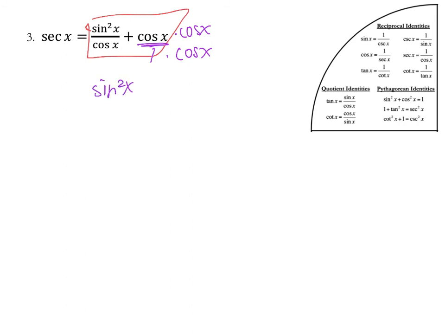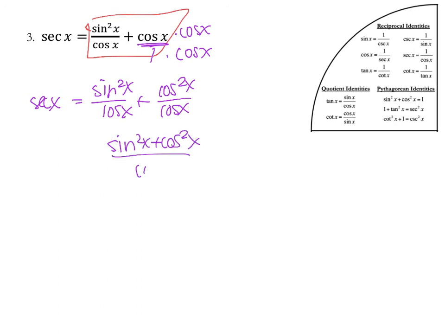So we're going to get sine squared x over cosine x plus cosine squared x over cosine x. And then the whole point there is I can squish those together. That's sine squared plus cosine squared over cosine. And then you do need to take a minute and look over at what could happen with sine squared plus cosine squared. Sine squared plus cosine squared is really just 1.